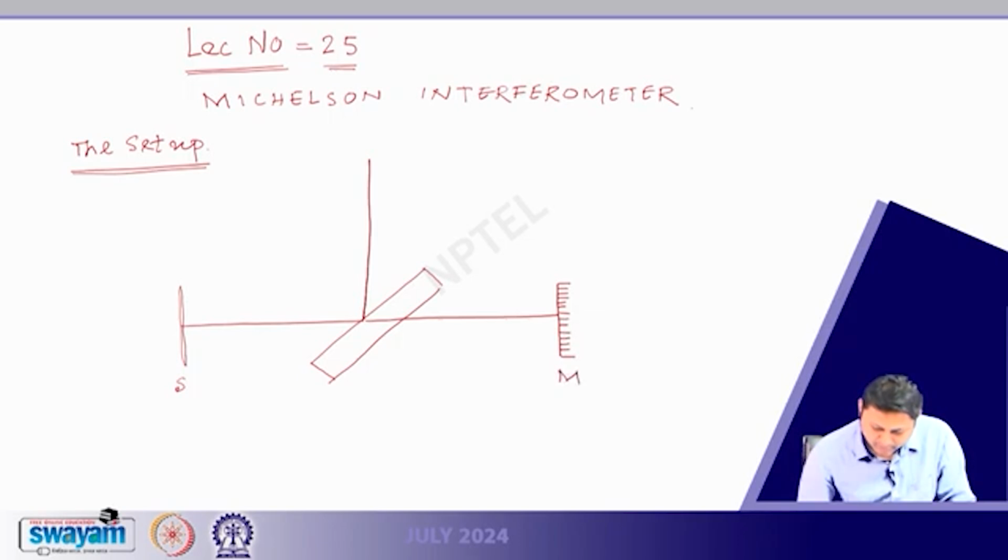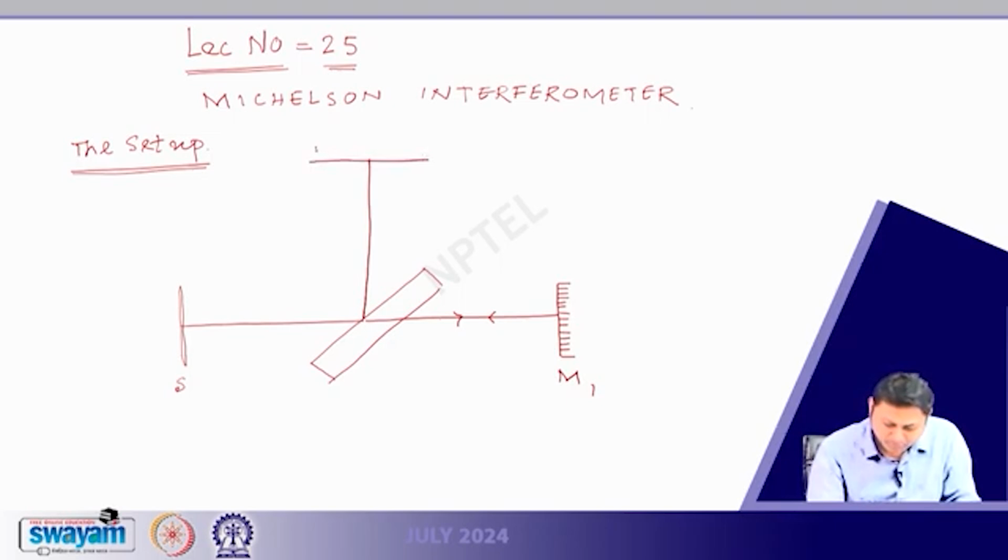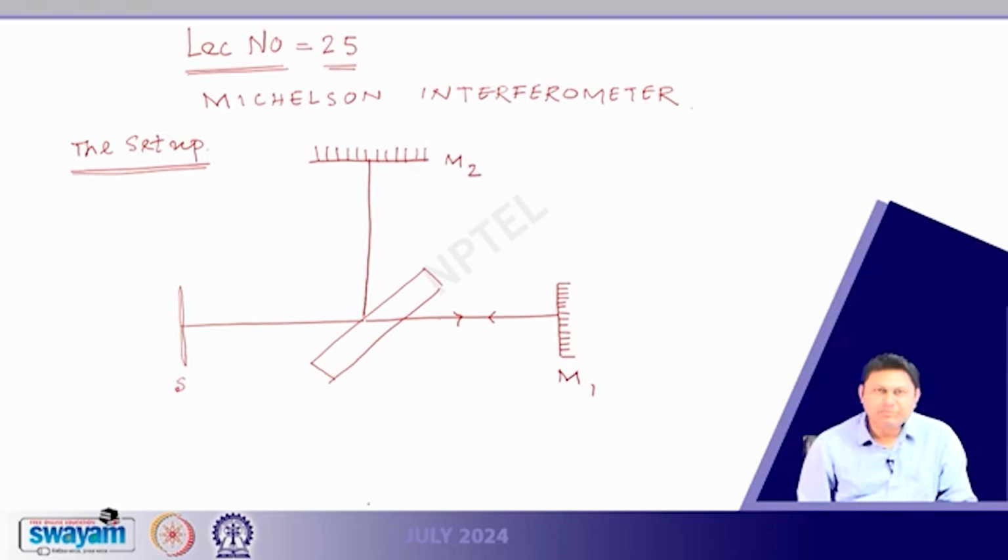I call it M1, and it reflects from this mirror and comes back. Here we have another mirror sitting, which we call M2. This is the M2 mirror, and then the light goes up.